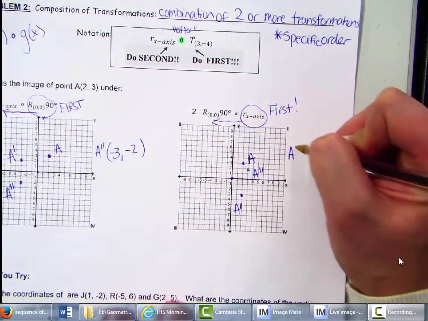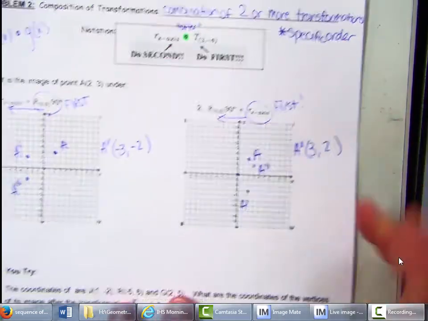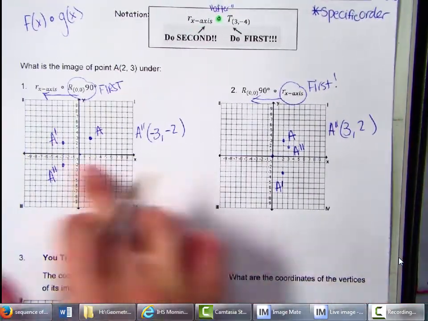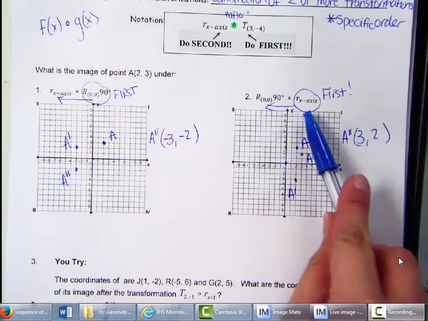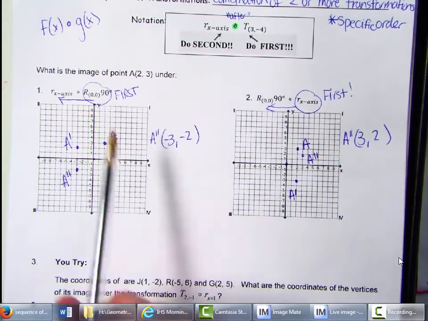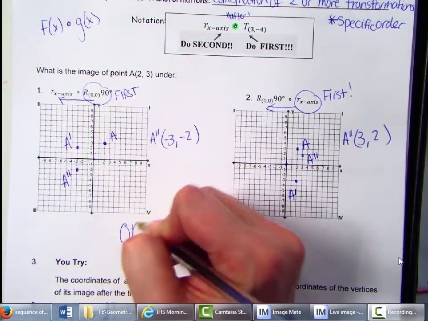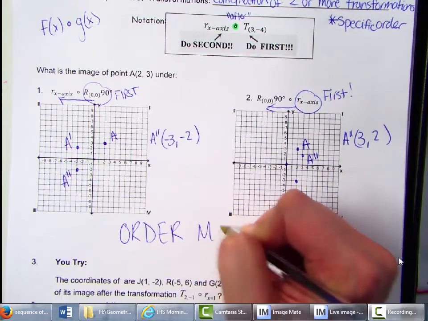So in this composition, A double prime ended up at (3, 2). What this problem is telling us is that the order does matter when you do a composition. If you switch it around by accident, you're not going to come out with the same answer as if you did it correctly. So the order matters.